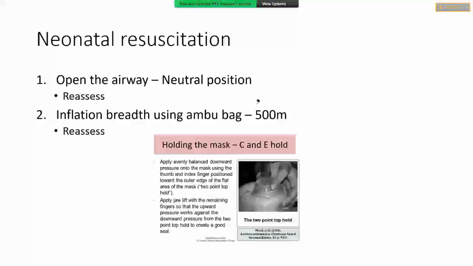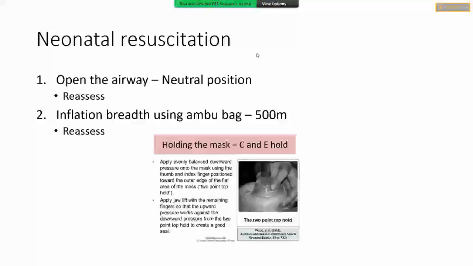But no need to worry because the child is breathing. But even after the neutral position, if there is no breathing, then we have to go for inflation breaths. Inflation breaths means we have to put the ambu bag and give 5 continuous presses. We have to make sure that we are using a 500 milliliter ambu bag.